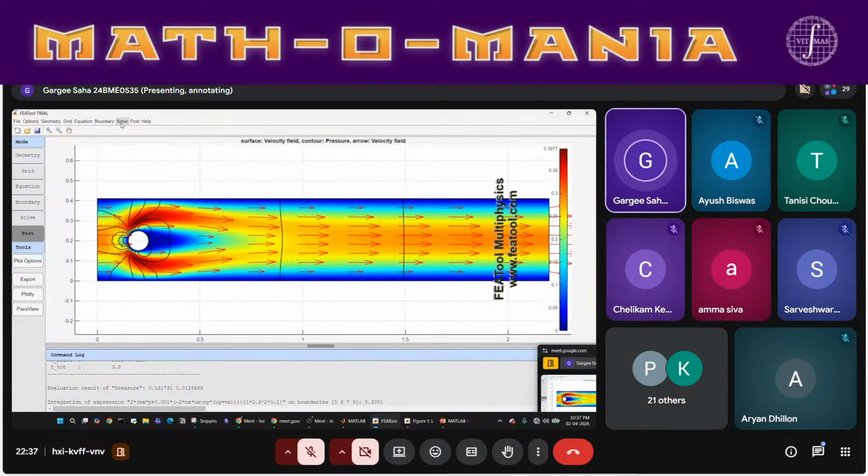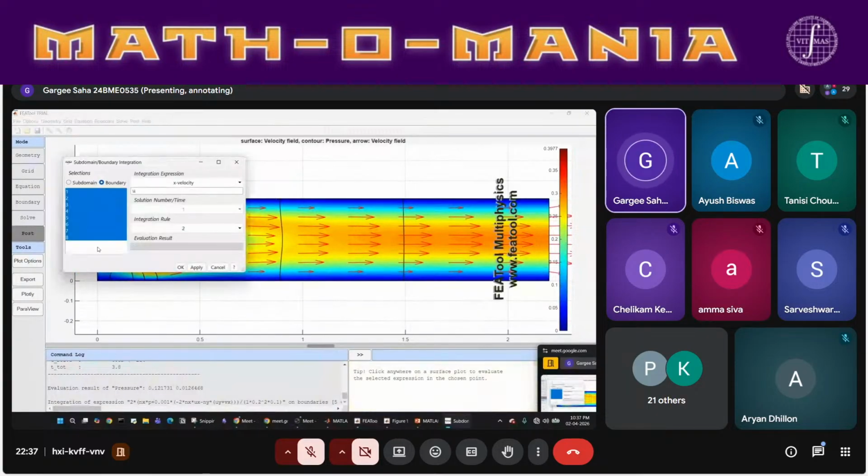We will see that the lift condition, which will also be calculated around the same boundary of 5, 6, 7, 8. So let's do that. This is also the same formula that we have seen in the PPT, just translated into code for MATLAB.